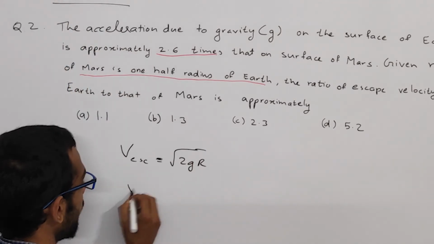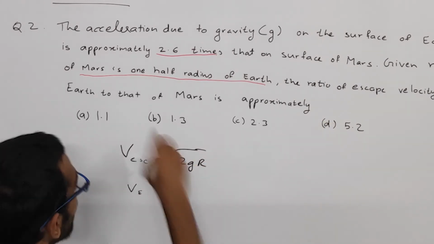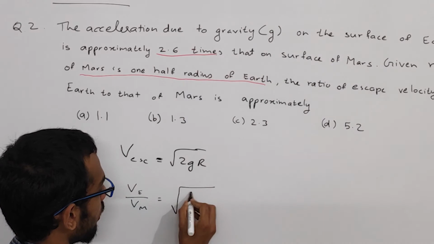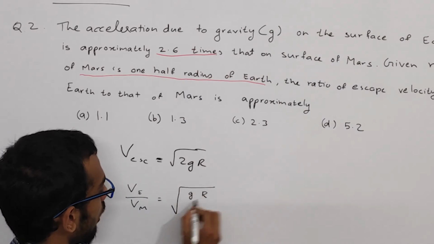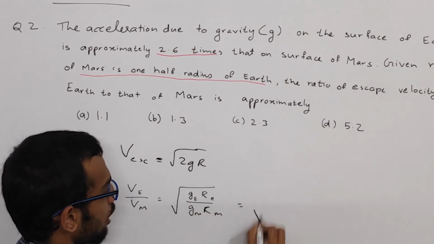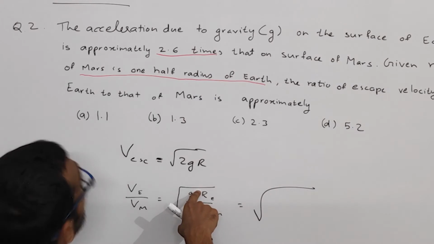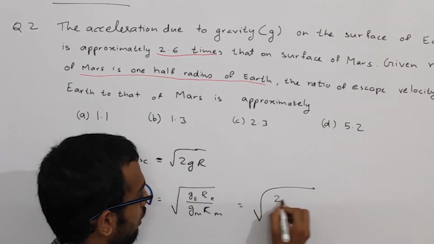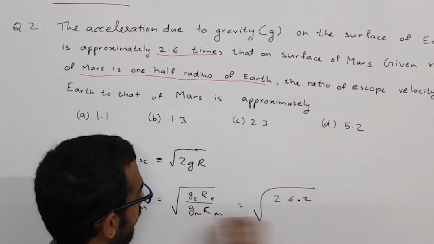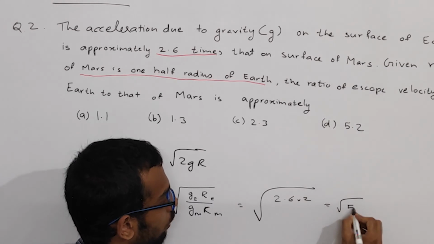Therefore, V escape from Earth by V escape on Mars equals root of gR by gR, Earth over Mars, equals root of: g is 2.6, radius of Earth is 2 times, and the bottom ones are 1, so what you get is root of 5.2.